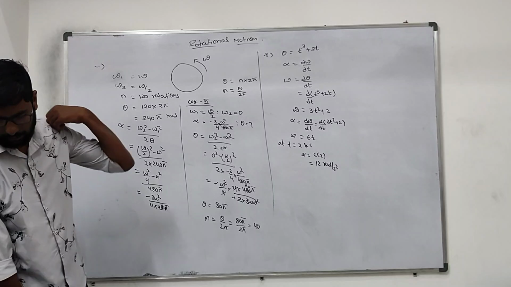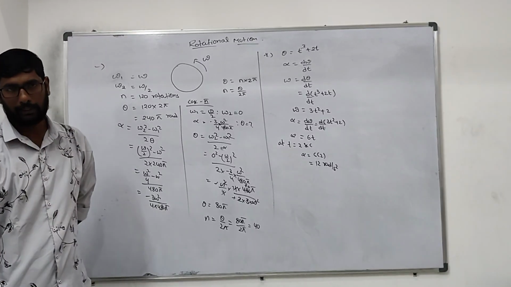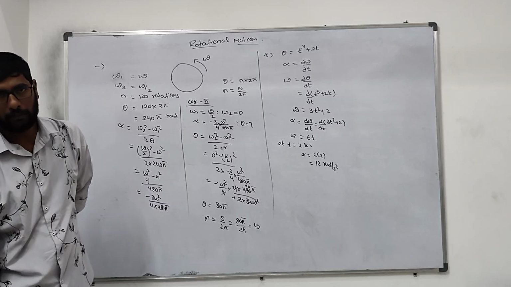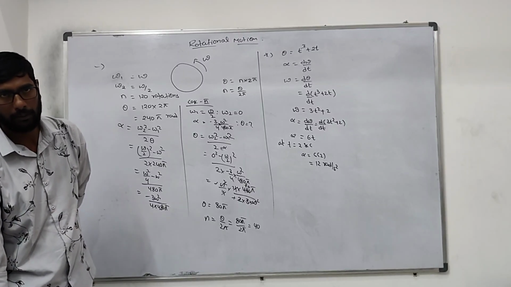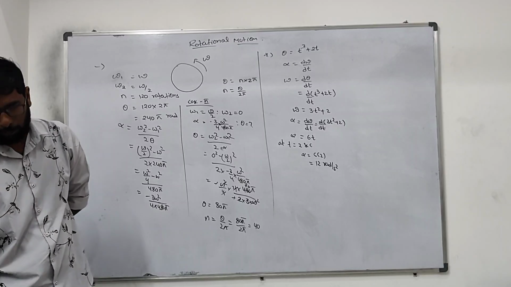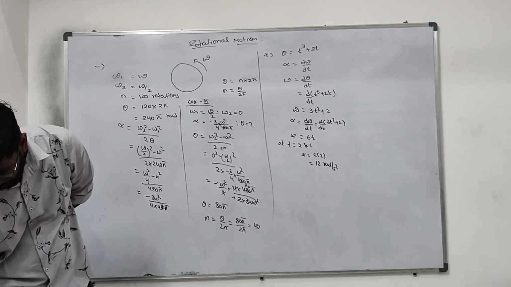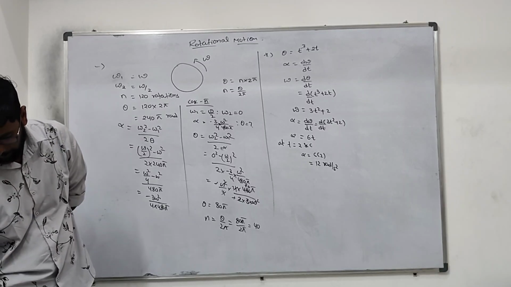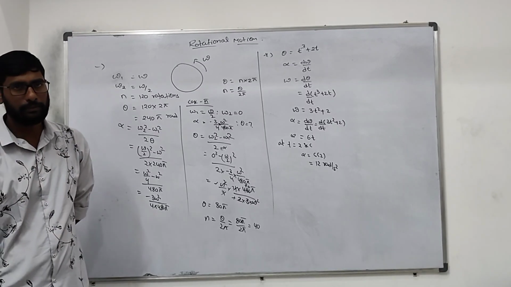One more question they asked. A disc of radius 0.1 meter starts from rest with an angular acceleration of 4.4 radian per second square. Find the linear velocity of a point on its rim after 5 seconds.